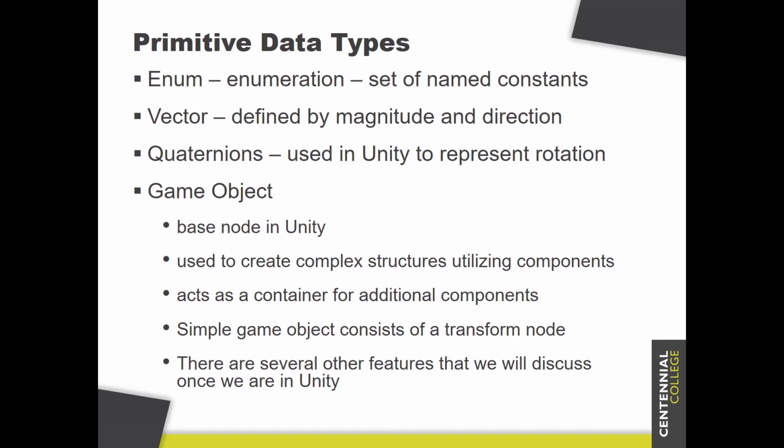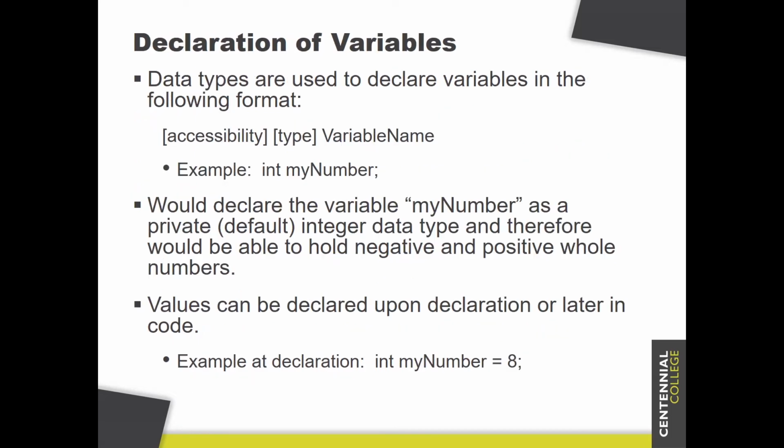So primitive data types are not actually variables. Primitive data types are used to declare variables. And we talked about the idea of the class and variables in the last video. You associate variables with a class to define the class itself, to define things that are associated with that particular class.